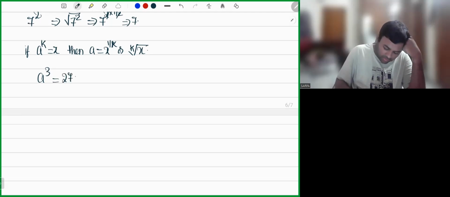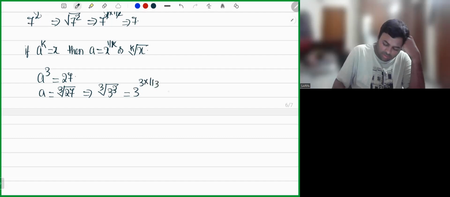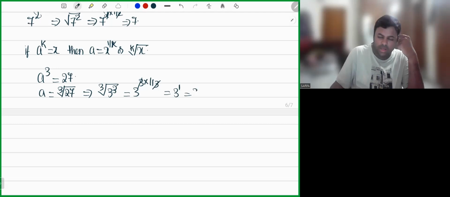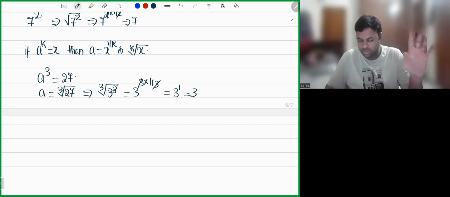So a will be equal to cube root of 27. Now 27, can I write it like this? Cube root of 3 cube. Yes, sir. So it will be 3 into 1 by 3 in the power, which is equal to 3. The 3 will get cancelled. 3 power 1, 3 multiplied by itself one time, which is equal to 3.